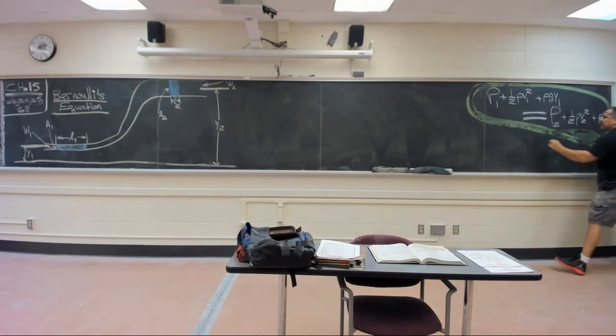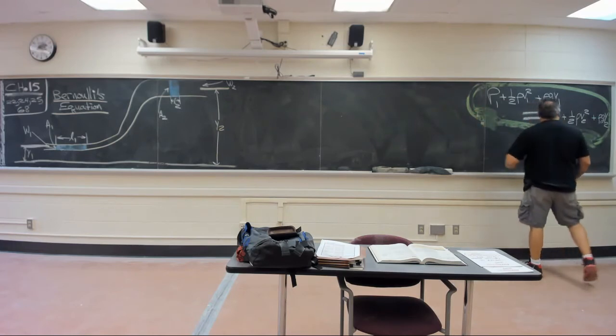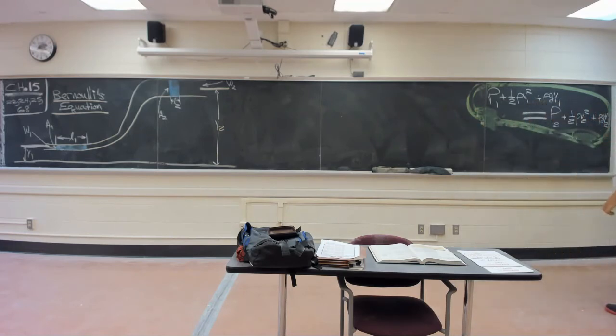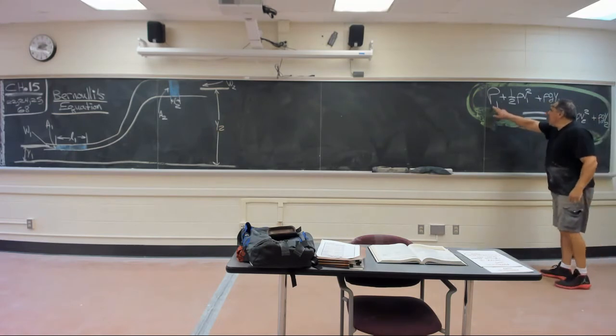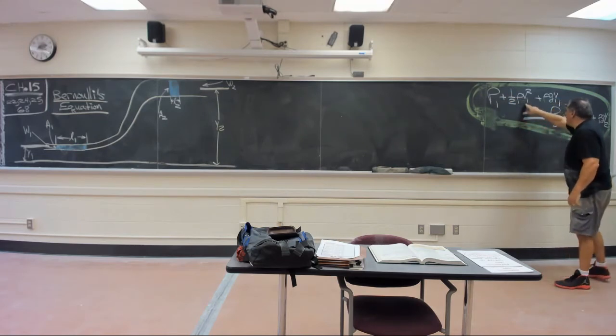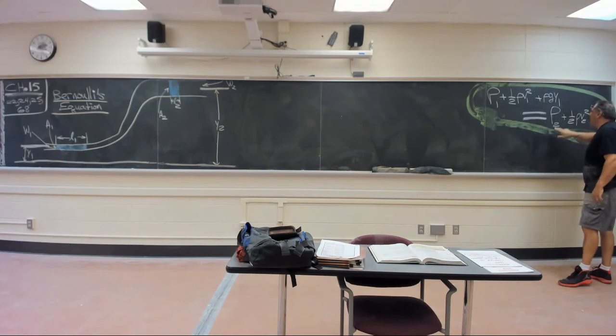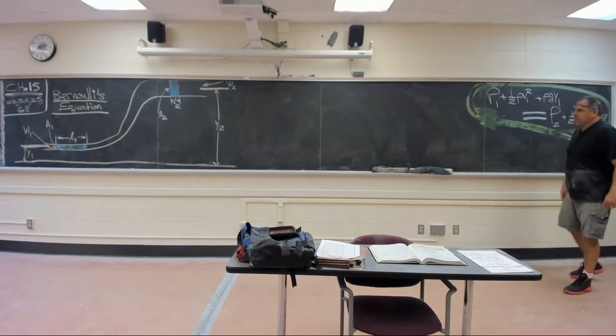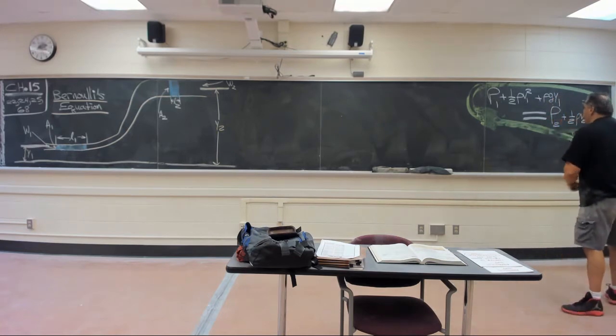Okay, so we said all this. I ran out of room because I write so big, guys. But you see what I'm writing here. We're saying that P1 plus 1/2 rho V1 squared plus rho G Y1 equals P2 plus 1/2 rho V2 squared plus rho G Y2. One more time.